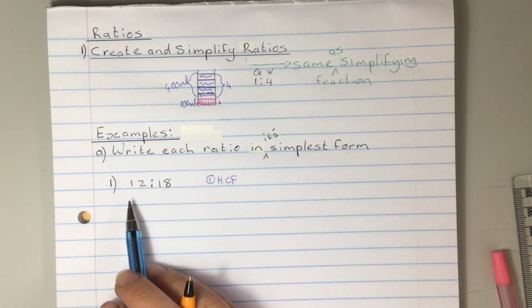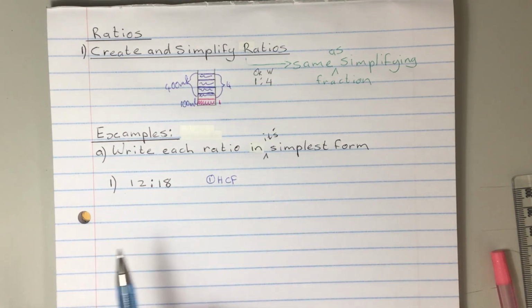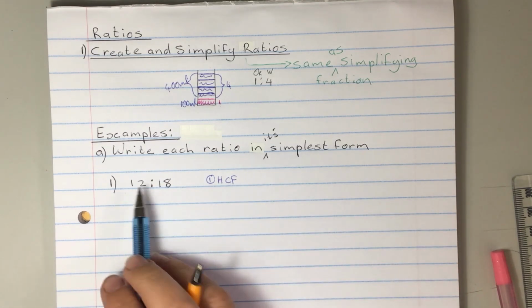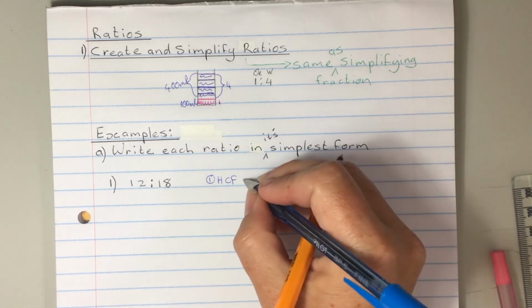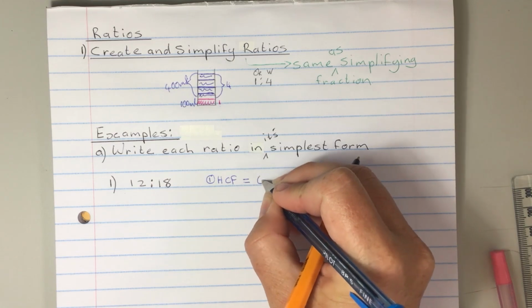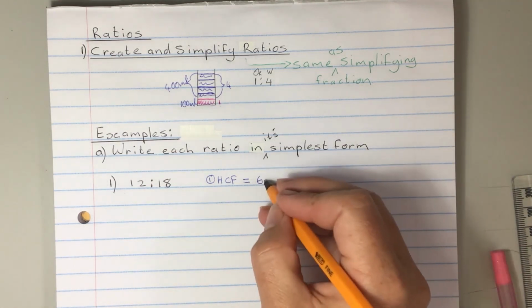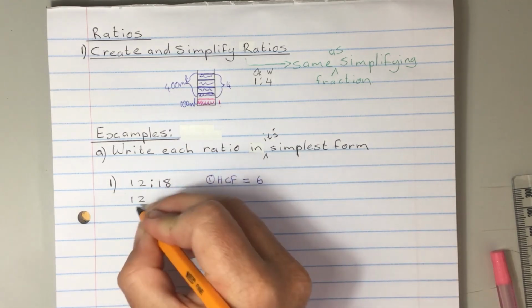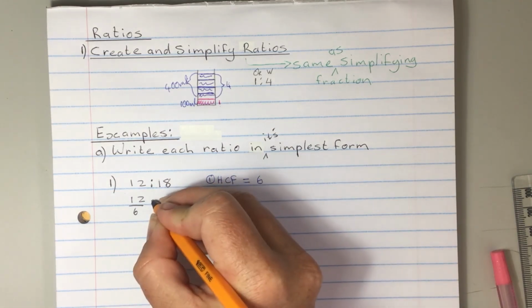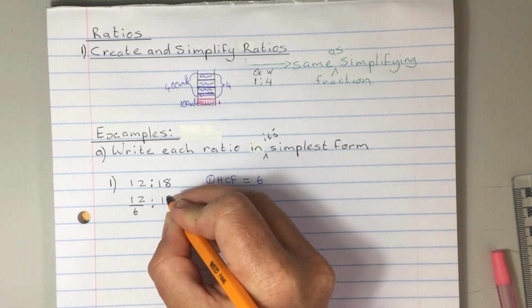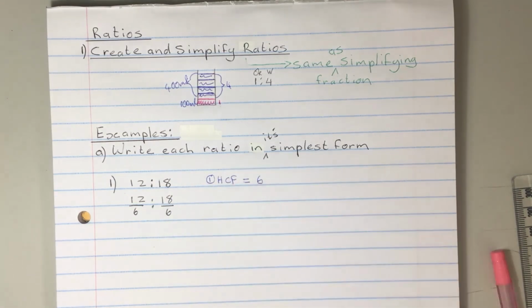And so we're going to see what number can divide into 12 that can divide into 18 without a remainder. Yes, it is 6. And so we now take 6 and we're going to divide each side of our ratio by 6.